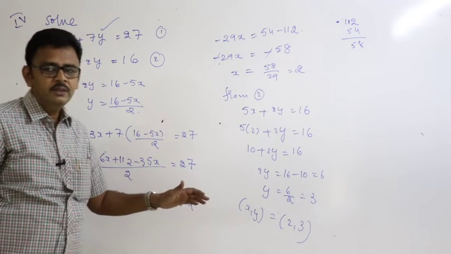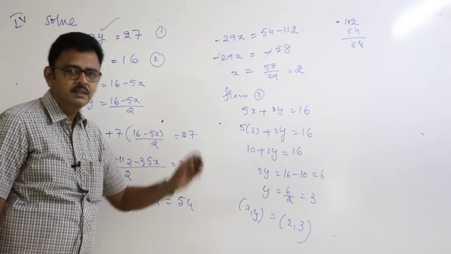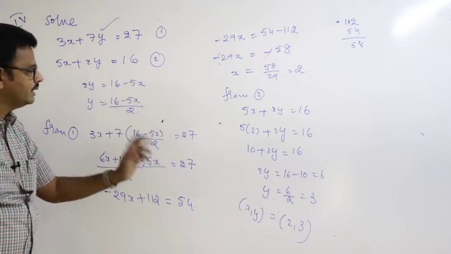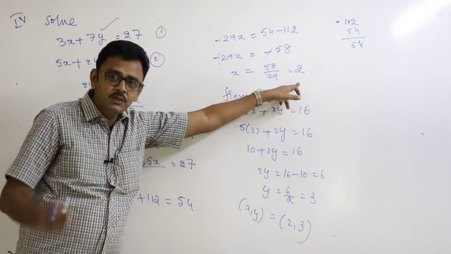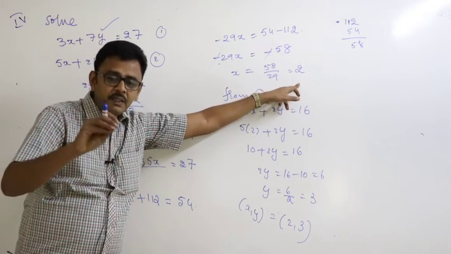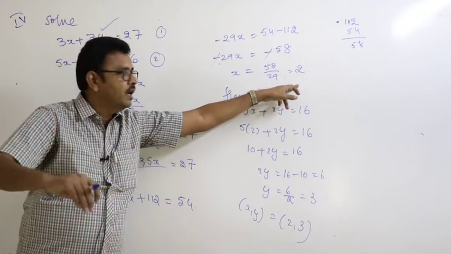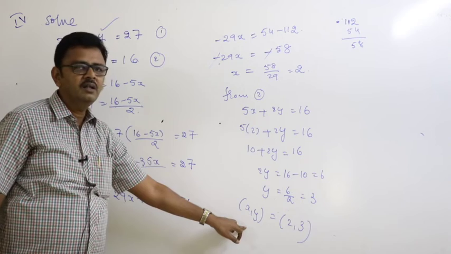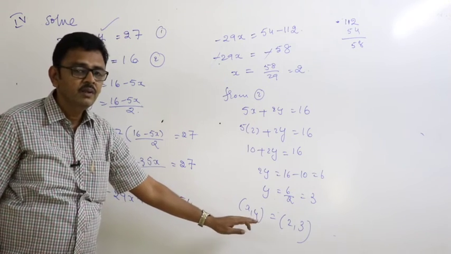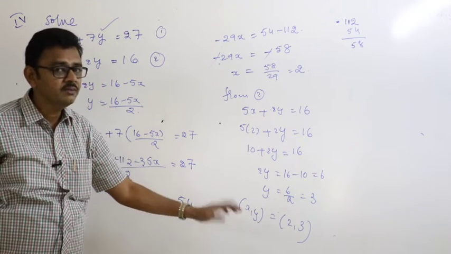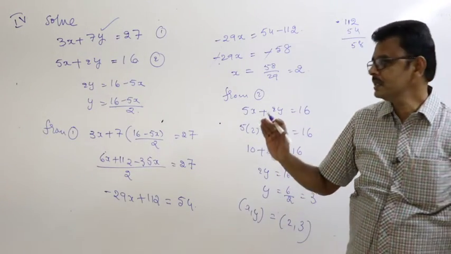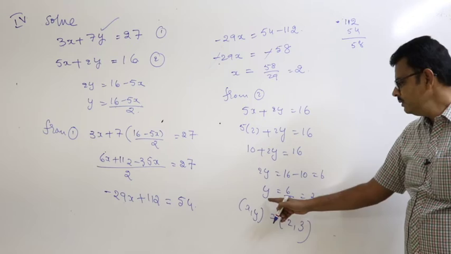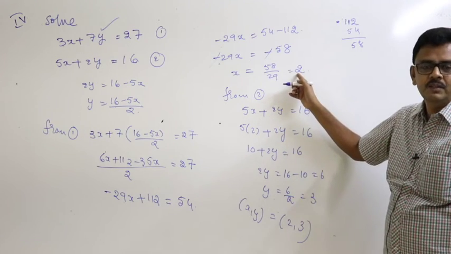In both the first and second methods, suppose you have made a small mistake for x. Instead of x value 2, suppose you get minus 2 or some other value. Automatically y also goes wrong, because you are substituting the x value in the first or second equation. So, y value depends on x.